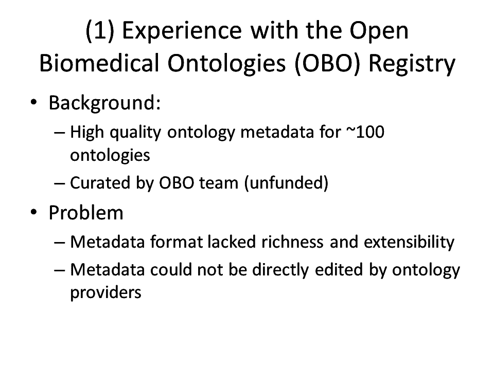Because of that, we do our own curation, or historically we always did our own curation on this metadata. But we had a number of problems. The format that we were using to describe the metadata was a bit limited, but the main problem was there wasn't really a way for the ontology providers to provide that metadata for us, because we curated it centrally.